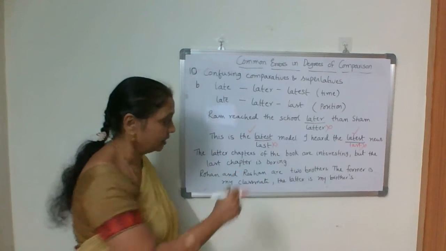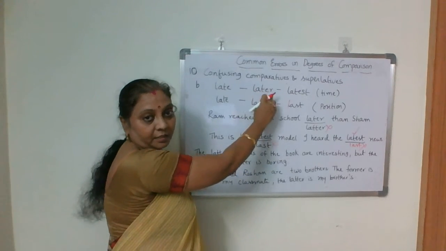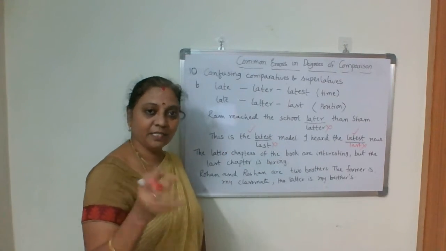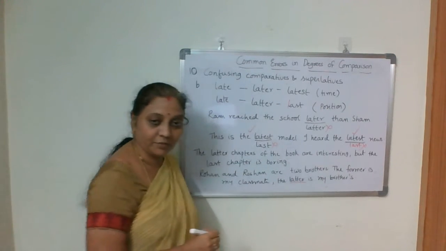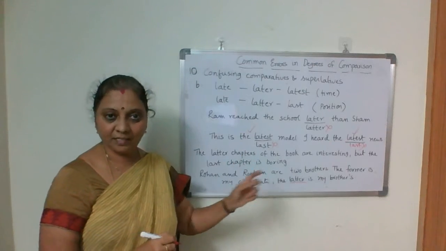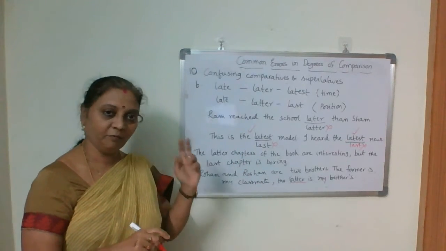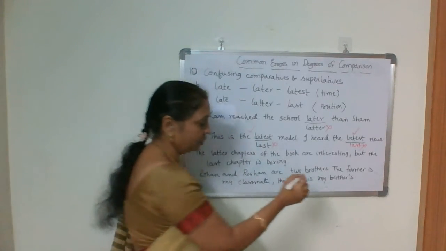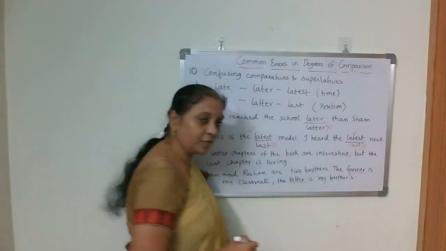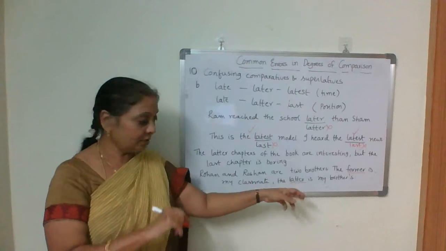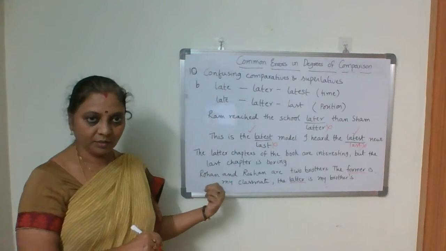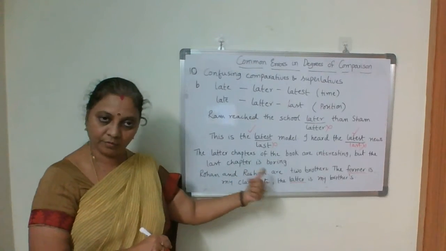In such cases, you cannot use later, the later is my classmate, then the meaning totally changes. So you have to write latter, latter is correct. Okay, former and latter, these two words are also important. Former always talks about the first person and the latter talks about the second one. Here two people are there, Rohan and Roshan.